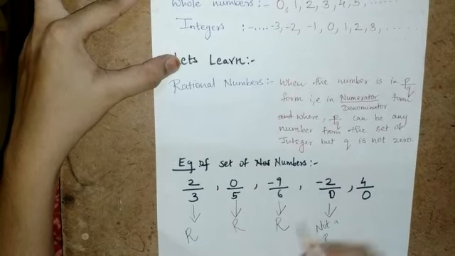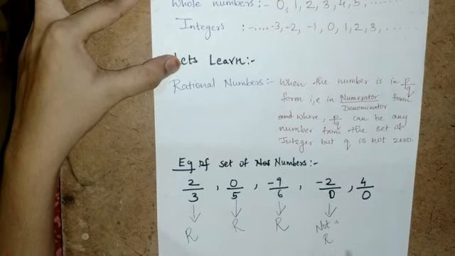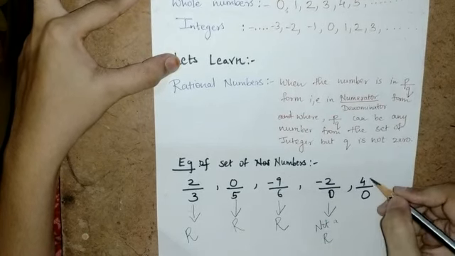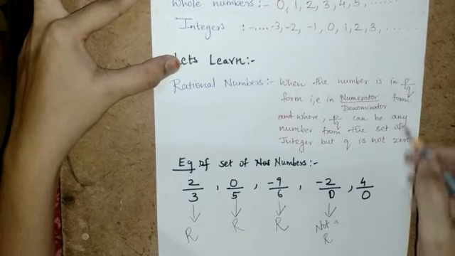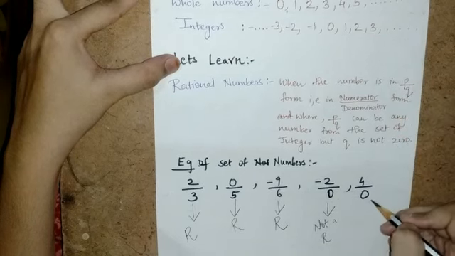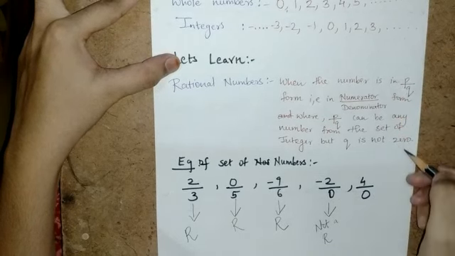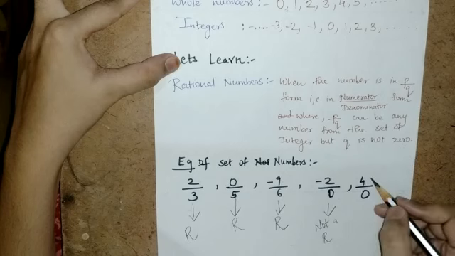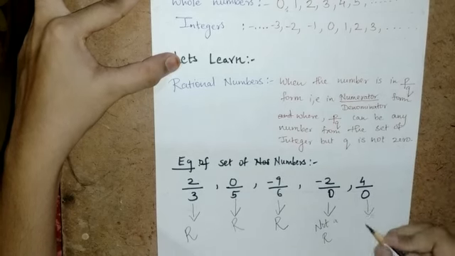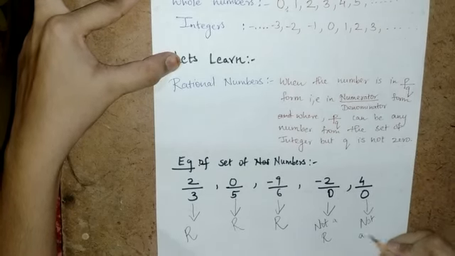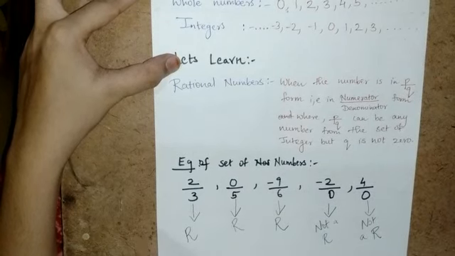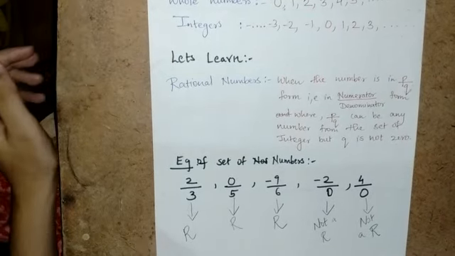Here, R means rational number. 4 by 0 is in p by q form, satisfied, but the denominator is again equal to 0, so this is again not a rational number. Got it? Now you know what a rational number is.